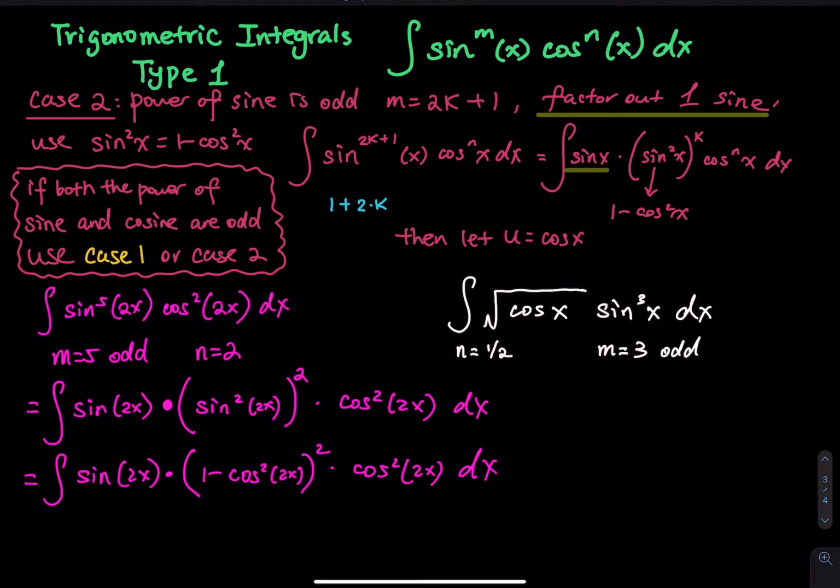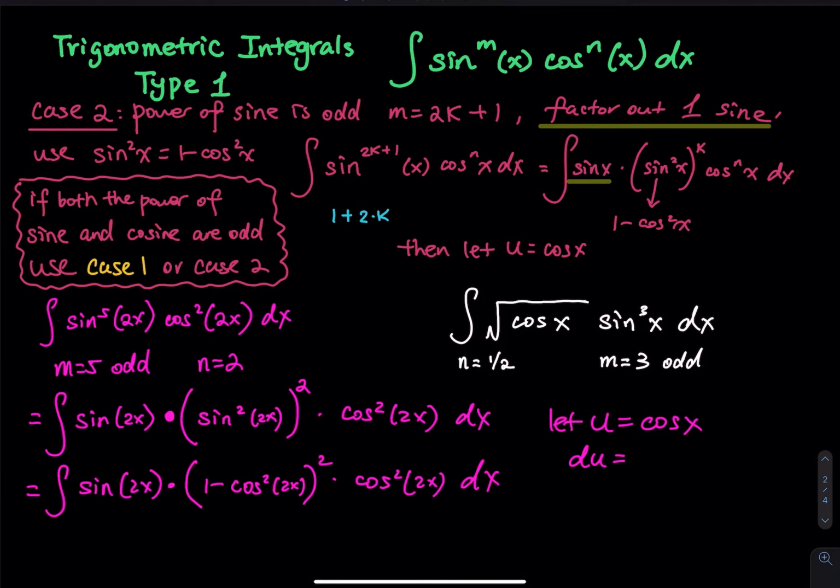The next step, according to the cookbook recipe, I have to do a u substitution, and this time I have to let u equal cosine x. So du is equal to what? Oh, not cosine x, cosine of 2x, because the given problem uses a 2x. Then du is equal to negative sine, since the derivative of cosine is negative sine.